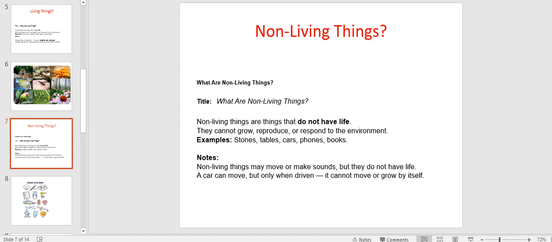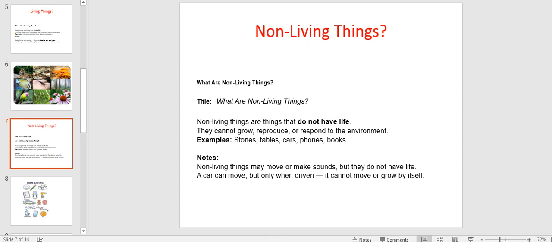Non-living things are things that do not have life. They cannot grow, they cannot reproduce or respond to the environment. Examples are stones, tables, cars, phones, books, etc.